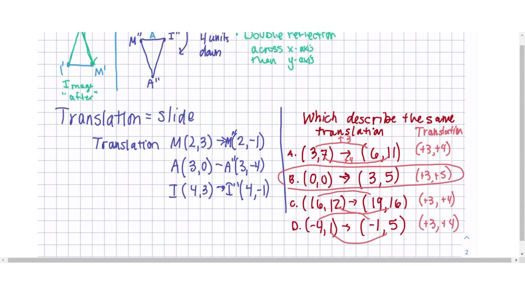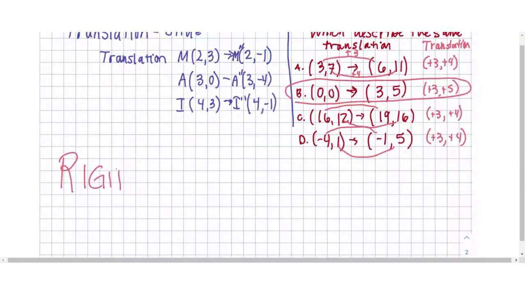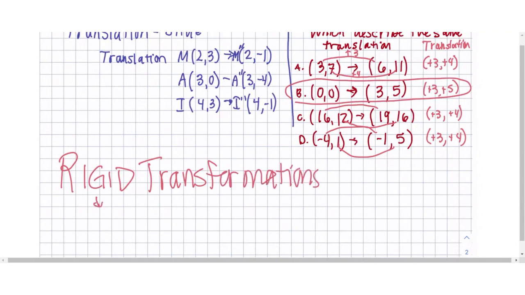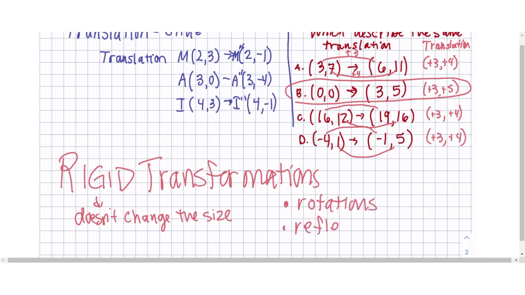All of these things that don't actually change the size of the shape are called rigid transformations. Rigid means it doesn't change the size. And those are what we talked about: rotations, reflections, and translations.